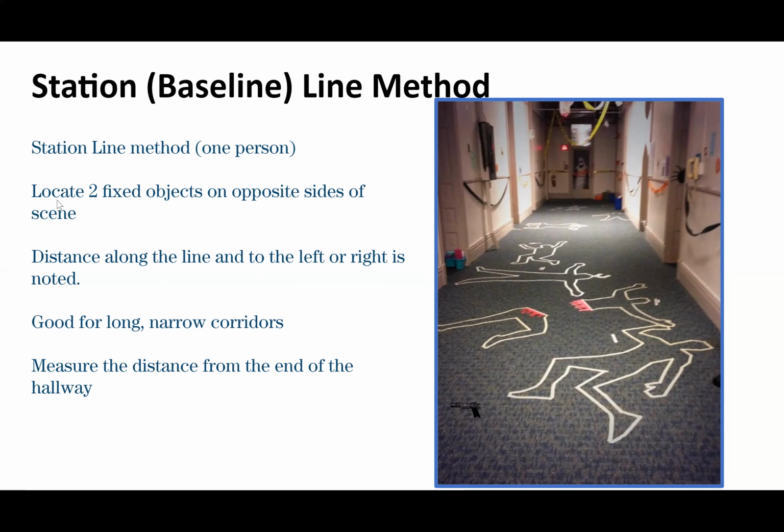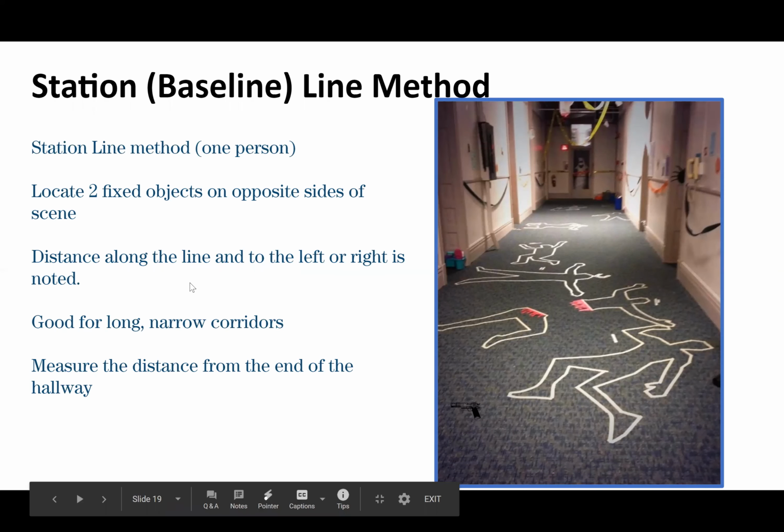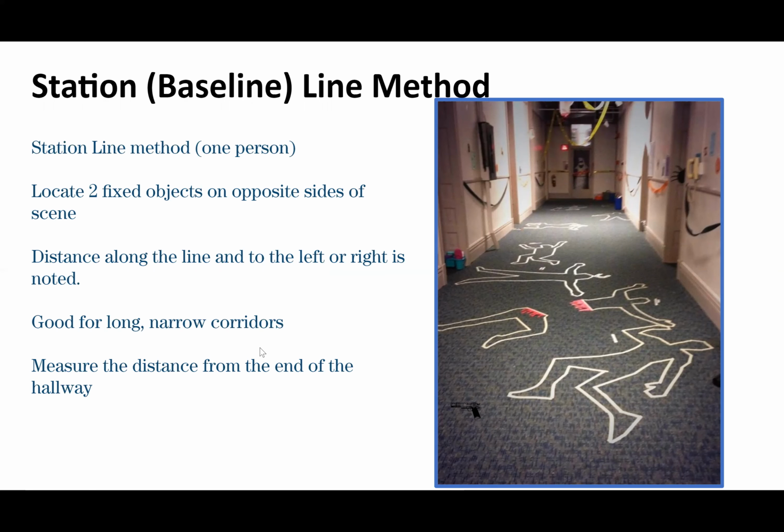In order to do this, you locate two fixed objects on opposite sides of the scene. So in a hallway, you choose one end of the hallway and the other end of the hallway. The distance along the line and to the left or right is noted, and it's good for long, narrow corridors. And if this corridor is really narrow, you don't have to write down the distance left to right.